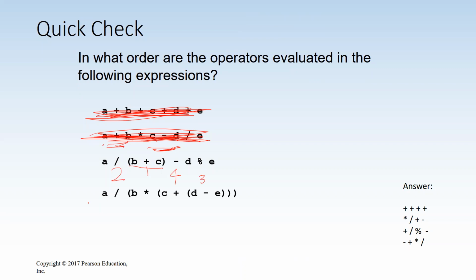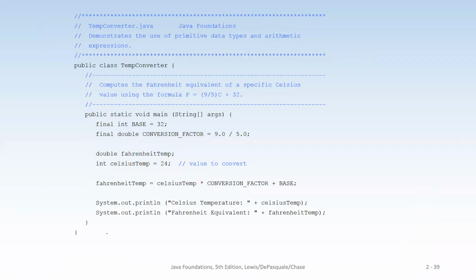So we are done with this one. What about this one? The inside subtraction, then the addition, and the parentheses, and then the multiplication, and then division. Yes. Okay, good. Let's go on.